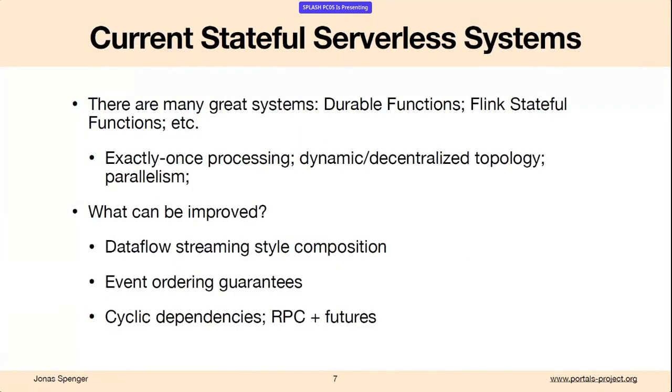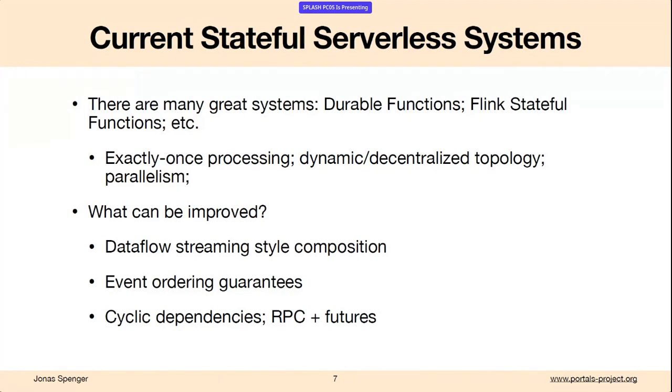Okay. So as I said, there are many great systems, but there are still a few things that can be improved, according to us. First of all, we think it would be nice to have a Dataflow Streaming style composition in these systems. The second thing is that it would be useful to have some event ordering guarantees. And the third is that cycles are typically supported only with restrictions.